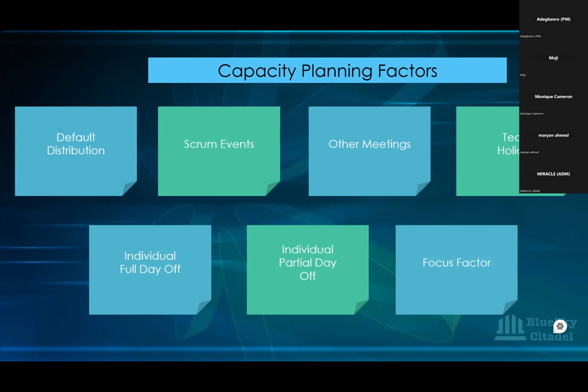Those meetings are important, they add value to what we need to do, but they are not the time you spend actually testing for a QA, or the time the developer spends actually developing, coding. So those are some of the factors that affect your capacity planning, and we'll see how they affect it because we're going to do an exercise later on.